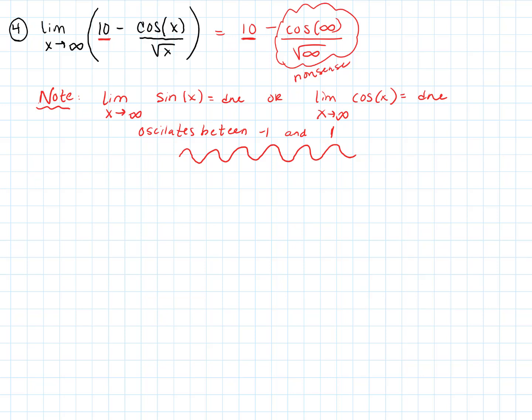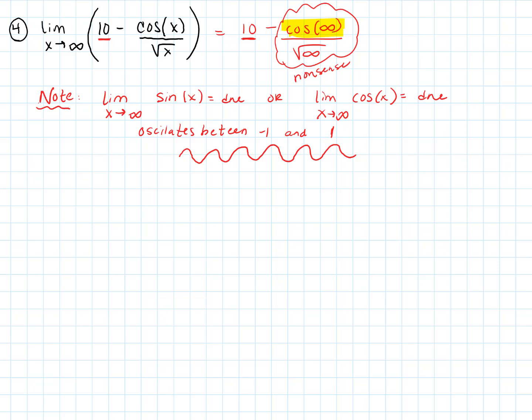The sine and the cosine are periodic and they continue to just oscillate up, down, up, down. They are bounded, but they oscillate. And so that's why I said this piece right here is nonsense. I can't take the cosine of infinity. That's not mathematically possible.